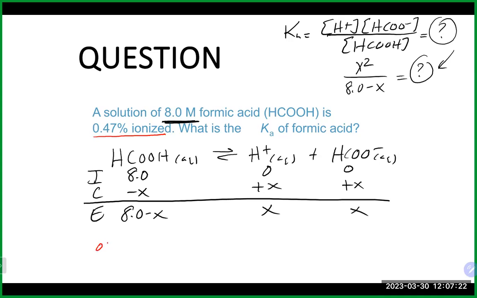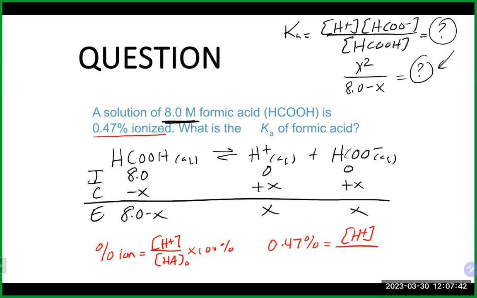As we just saw on the previous slide, percent ionization is equal to the H plus concentration divided by the initial concentration of the acid times 100%. So in this particular case, we have the percent ionization, 0.47%, equals the H plus concentration divided by 8 times 100%.